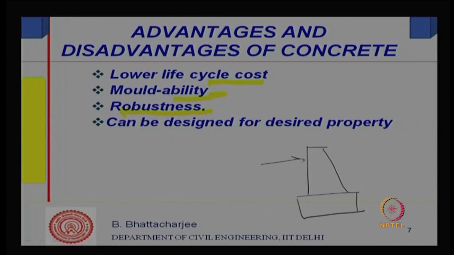Now, if horizontal forces act onto it, it must have sufficient resistance against sliding. It should not slide along this direction, and it should not overturn, because these forces will have a tendency to cause it to overturn.